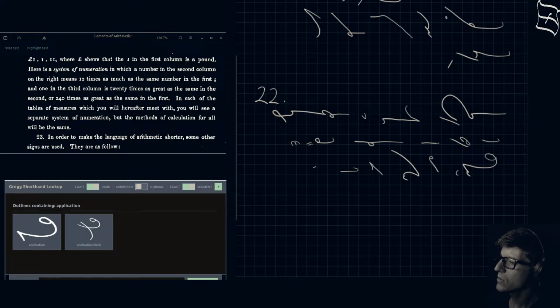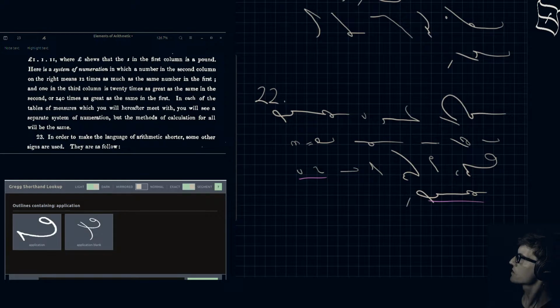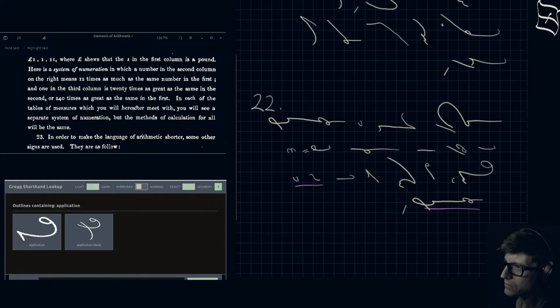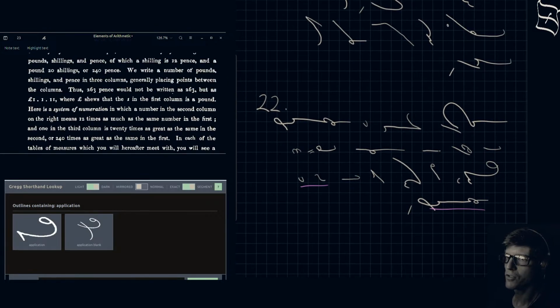Its own system of numeration, okay? And we have to underline system of numeration because it is a keyword. So let's go ahead and underline that here. This is system of numeration. So that is our takeaway from paragraph 22.